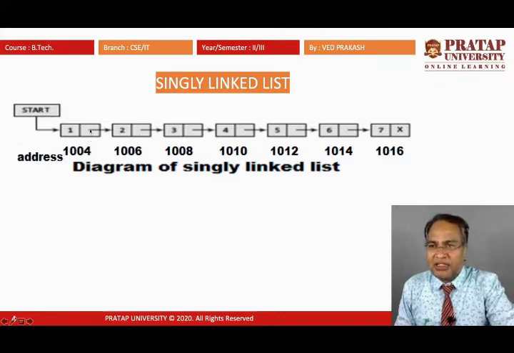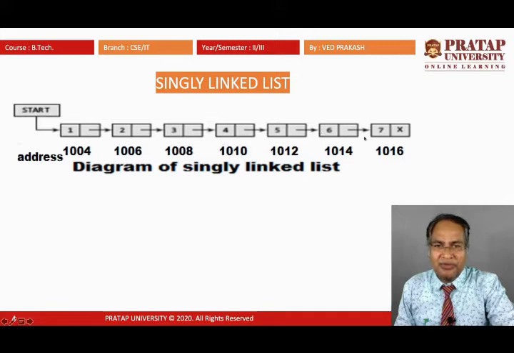Similarly, the next field of the first node holds the address of the second node, that is 1006. So this makes a chain. One next pointer holds the next node, and again that node's next pointer holds the next node. So this process continues, and they make a chain of nodes.